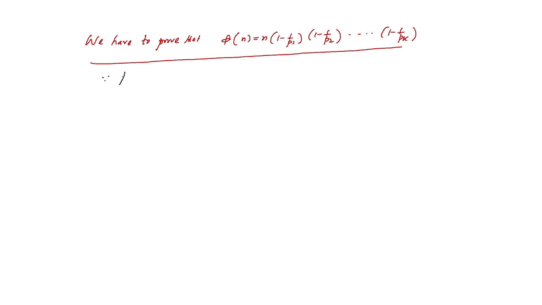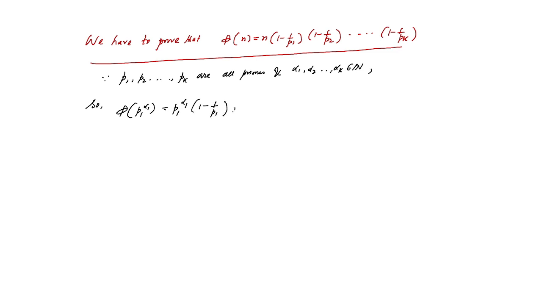Since p1, p2, up to pk are all primes and alpha 1, alpha 2, up to alpha k are positive integers, we can write phi of p1 to the power alpha 1 is p1 to the power alpha 1 into 1 minus 1 by p1. Phi of p2 to the power alpha 2 is p2 to the power alpha 2 into 1 minus 1 by p2. And so on, up to phi of pk to the power alpha k, which is pk to the power alpha k into 1 minus 1 by pk.